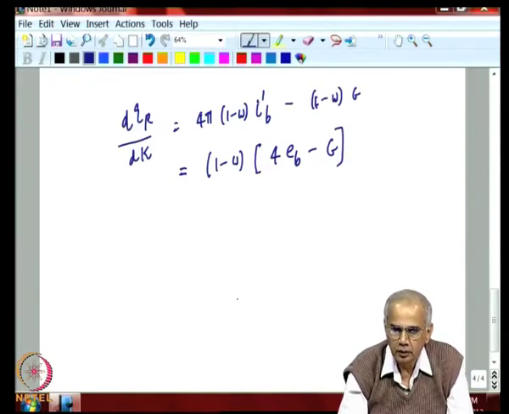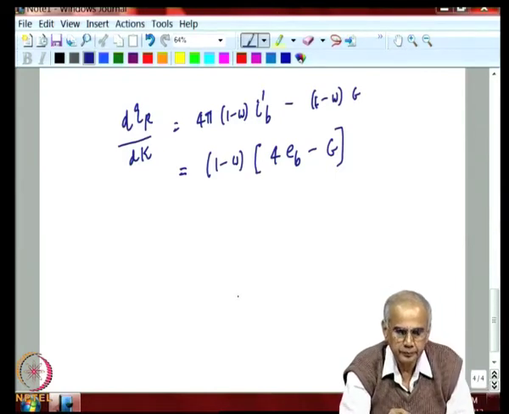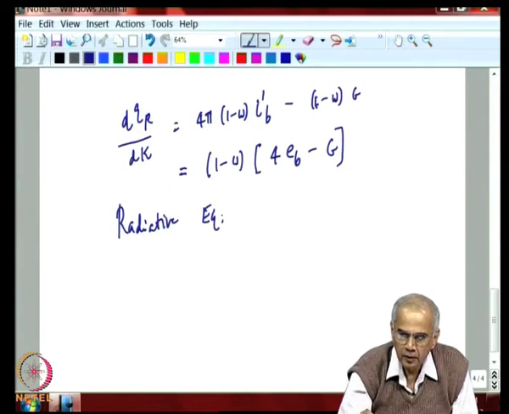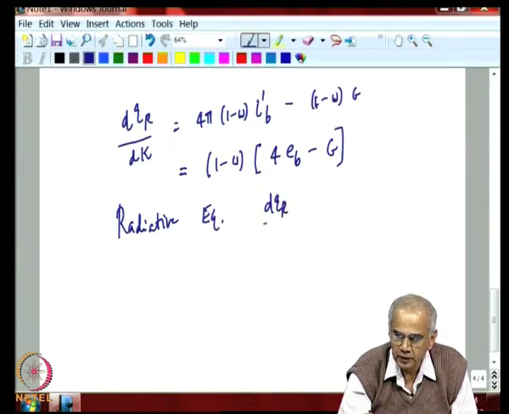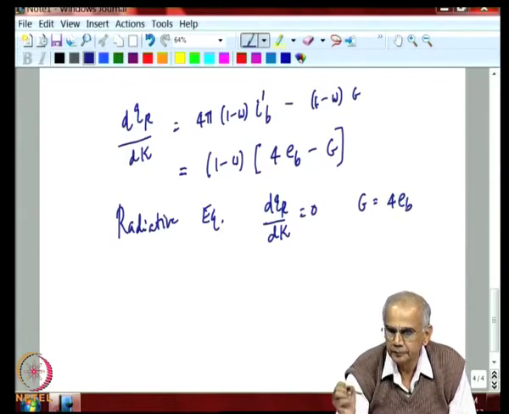So, under radiative equilibrium, which is the focus right now, we know that flux cannot vary with space, and so G is equal to 4 E b is the solution.